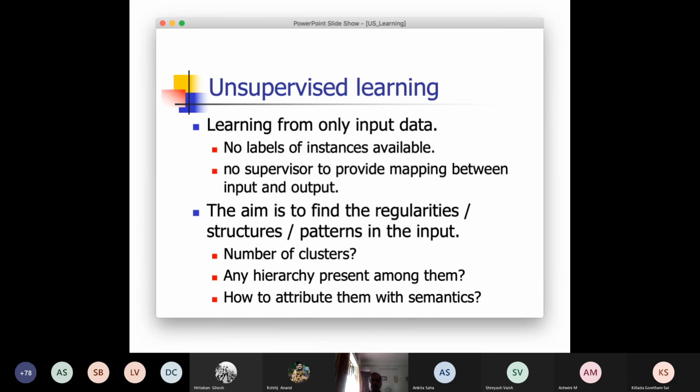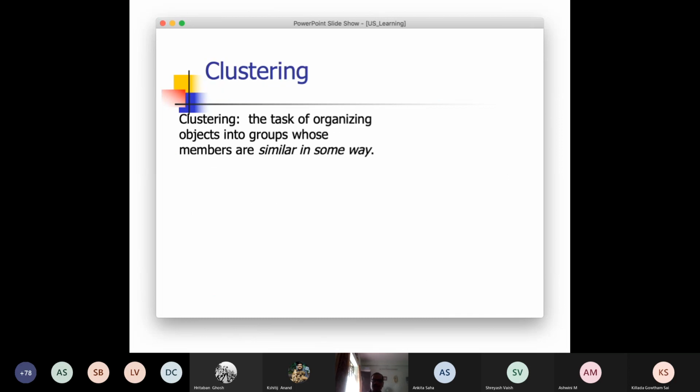That is another question. These are some typical questions that we try to answer in this process of learning. It is not only the grouping, it is also the associated questions regarding those groupings.